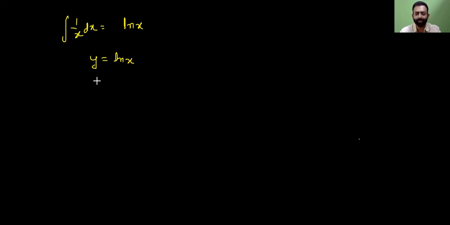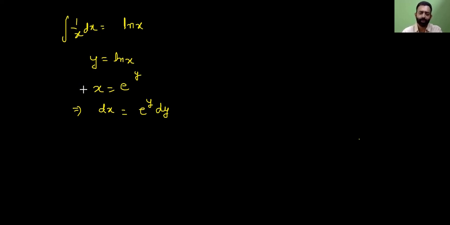So if y is ln x, that means I can replace x as e raised to power y. The base of the log goes to the LHS, so x is e raised to power y. That means I need to find the value of the derivative dx also. So dx is e raised to power y dy.